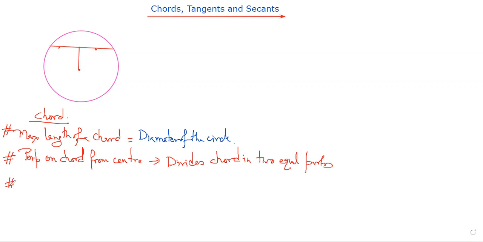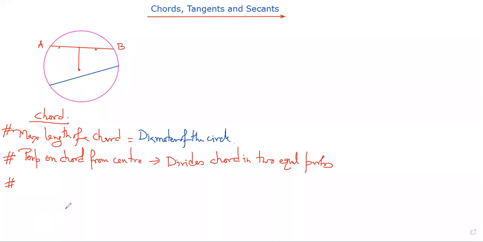One more information. I can see this is a chord. Let me write it down. It is chord AB. I want to draw one more chord. Let's take that one more chord is from here, I have drawn up to this. This is not the diameter. It is again another chord.